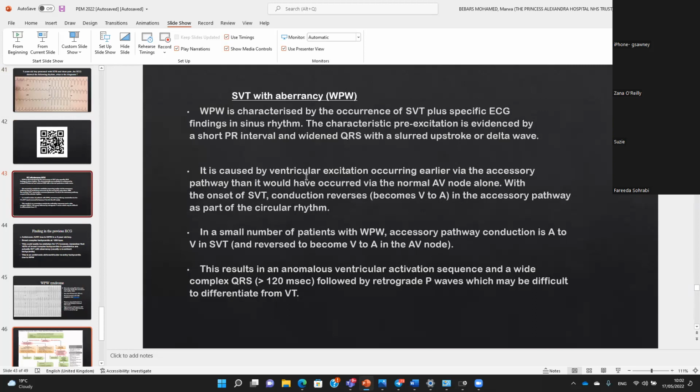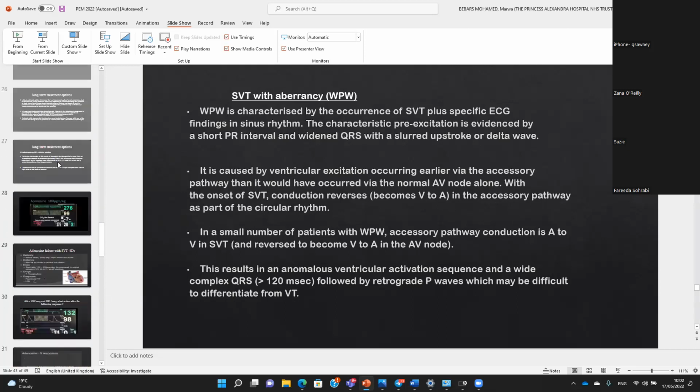That is caused by the ventricular excitation occurring earlier via the accessory pathway, when it should have occurred via the normal AV node alone. And with the onset of SVT, conduction reverses in an antidromic way, going from ventricle to atrium in the accessory pathway as a part of the circular rhythm.